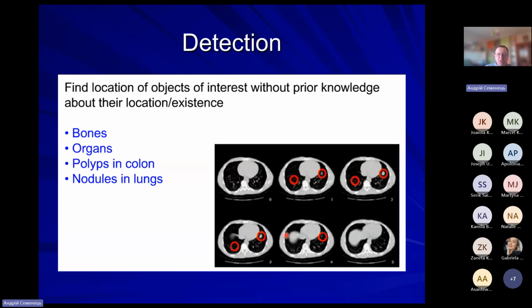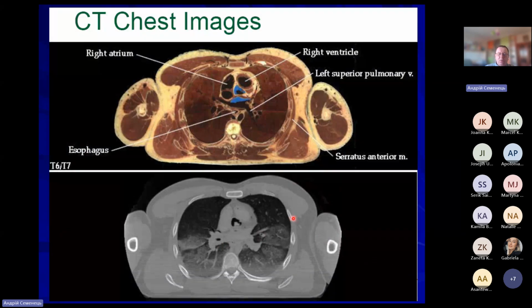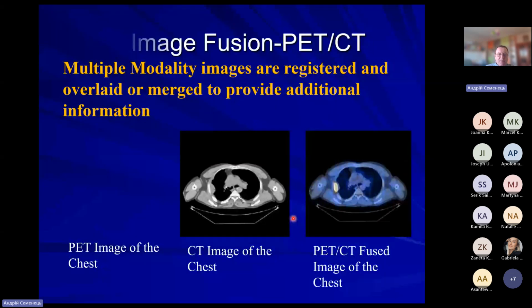Simply put, we have to know what normality is and look for things which deviate from normality in a given location. But it could also be useful for automatic identification of anatomical elements.